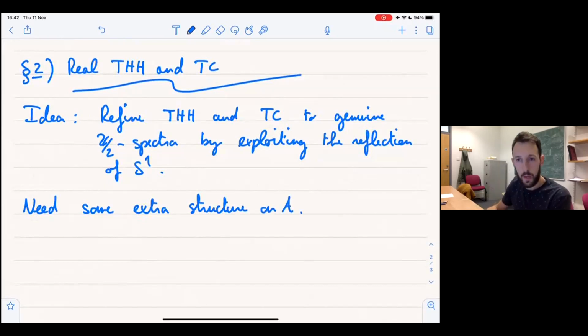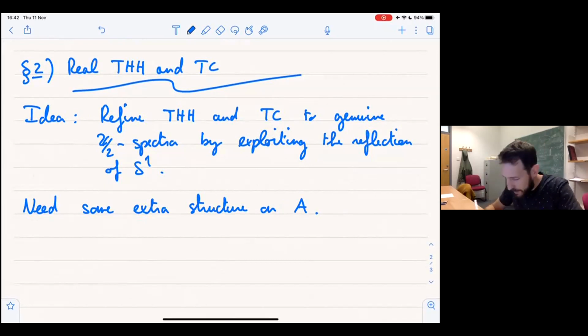And okay, let me tell you a little bit about this extra structure. What is it? There are different ways of setting it up, and I'm going to try to do it in the most model independent way I know how to do it.